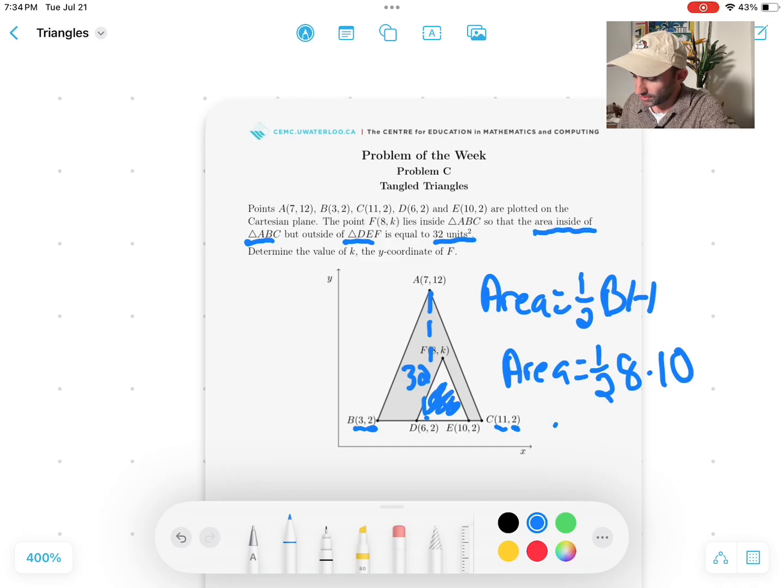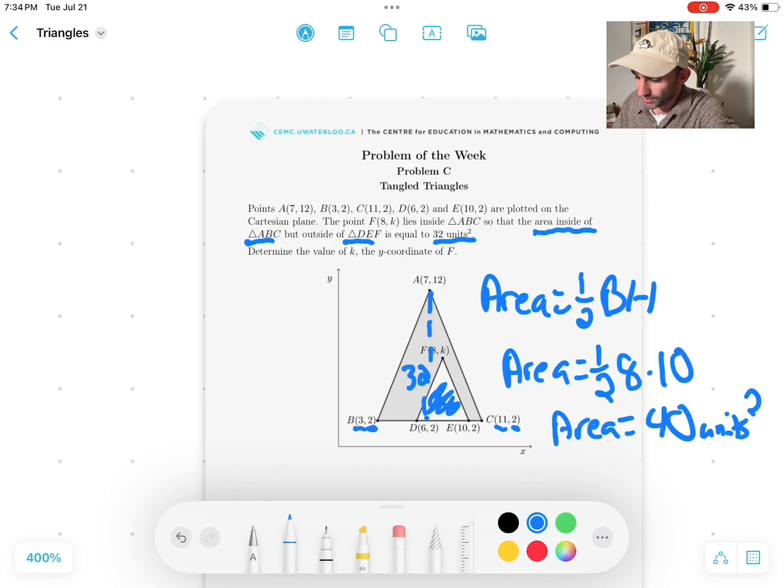So the area of the big triangle is 1/2 of 8 is 4, times 10 equals 40 units squared. Okay, so that's step 1.